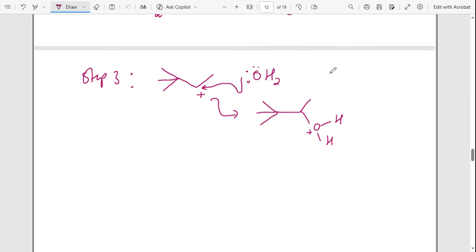That same byproduct, OSO3H minus, is going to come and now grab this hydrogen, breaking the bond. So what you are going to see now is going to be a compound like this. And so now you have oxygen just bonded to one hydrogen. This is one product.